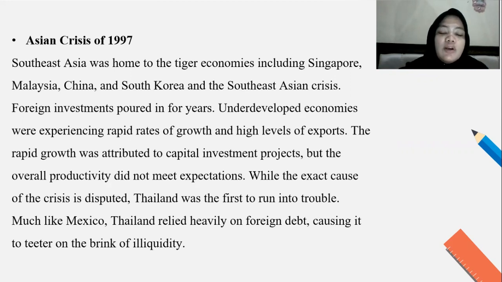The rapid growth was attributed to capital investment projects, but overall productivity did not meet expectations. While the exact cause of the crisis is disputed, Thailand was the first to run into trouble. Much like Mexico, Thailand relied heavily on foreign debt, causing it to teeter on the brink of illiquidity.